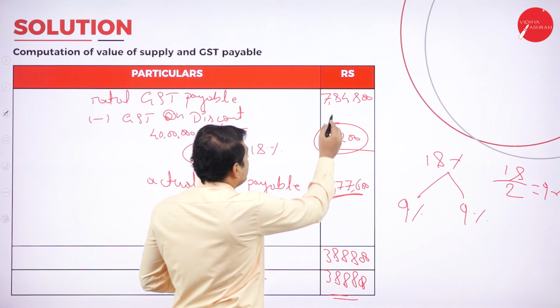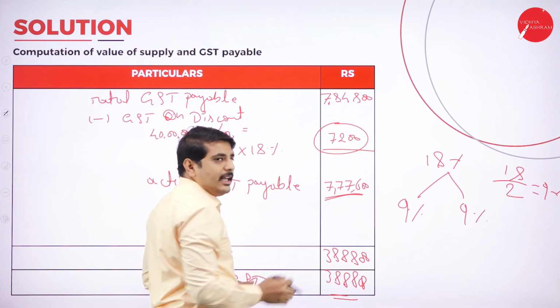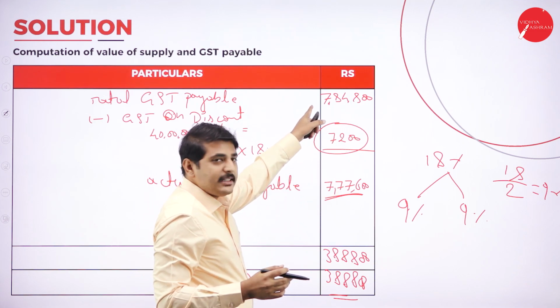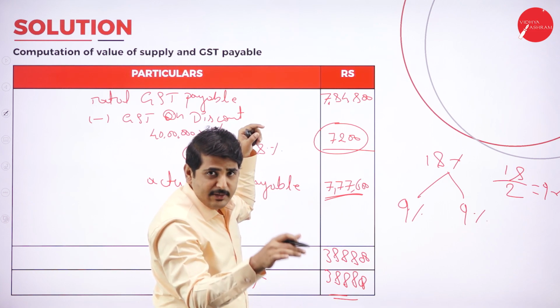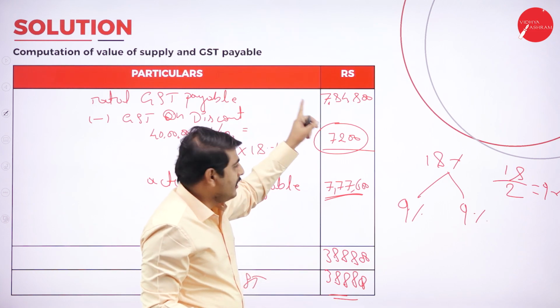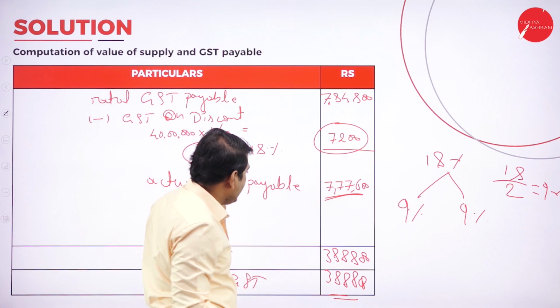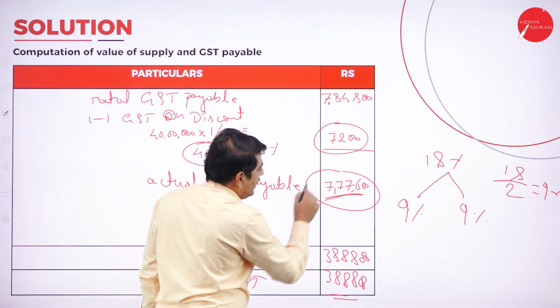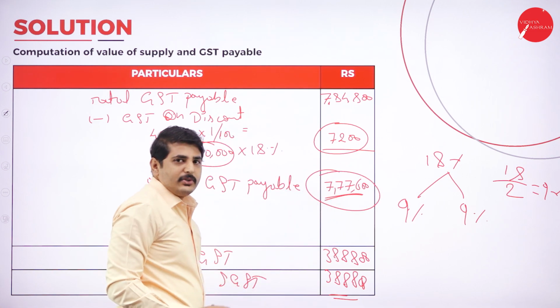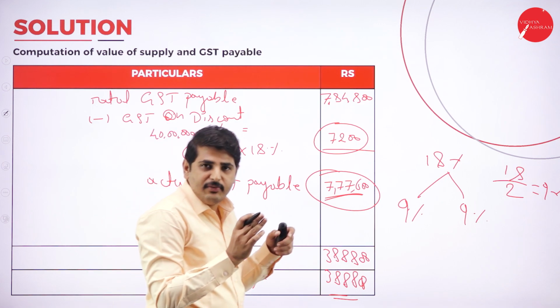So out of 7,84,800, the discount GST is deducted, and the actual GST payable is 7,77,600 after deduction of discount.